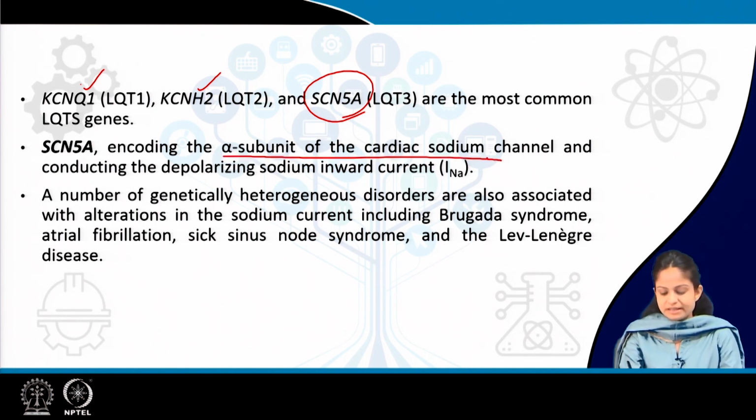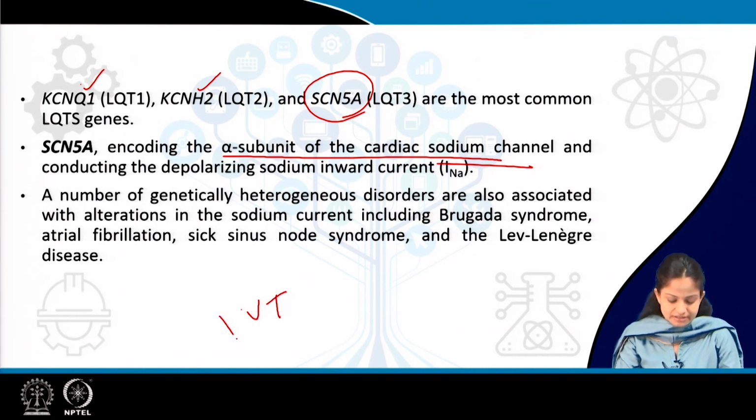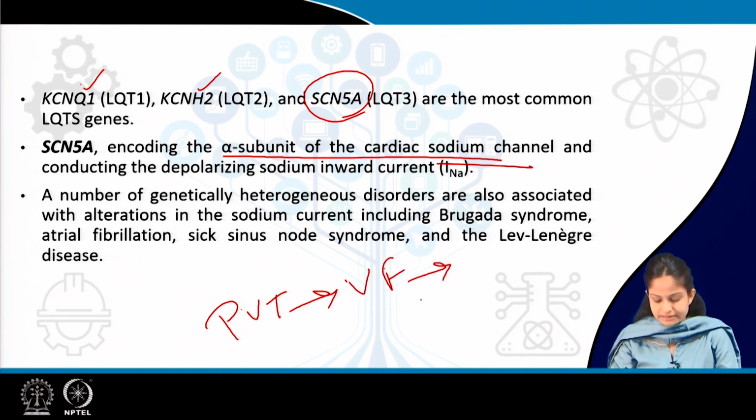The alpha subunit is mainly affected, that is the inward sodium channels which conduct the depolarizing sodium inward current, and they mainly present with ventricular tachycardia, polymorphic ventricular tachycardia, which further moves on to ventricular fibrillation and finally sudden cardiac death.